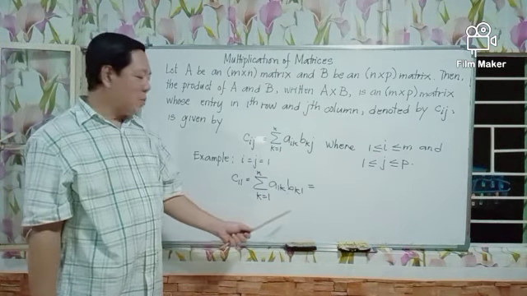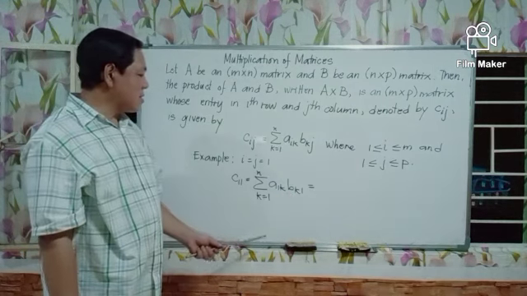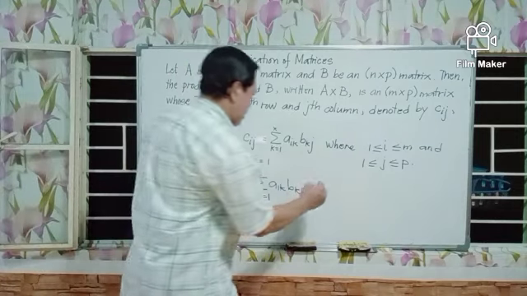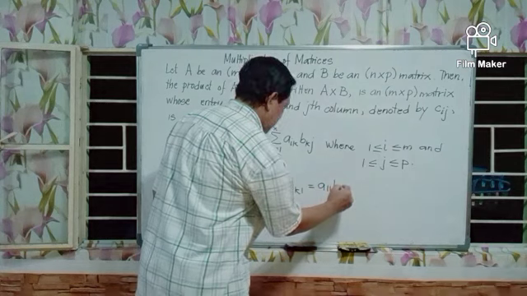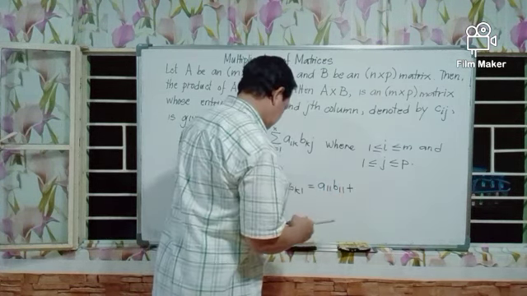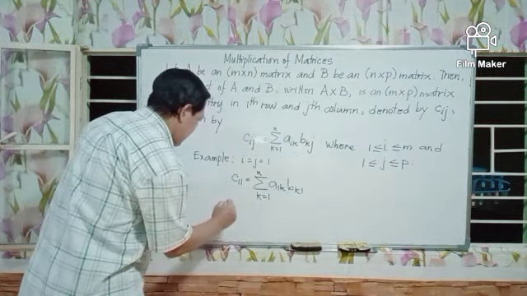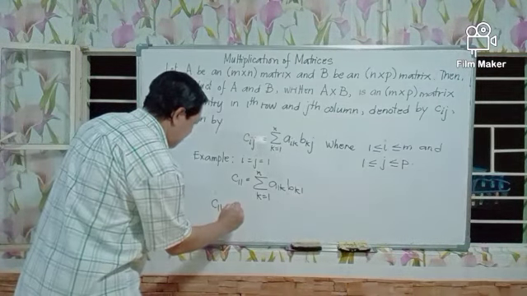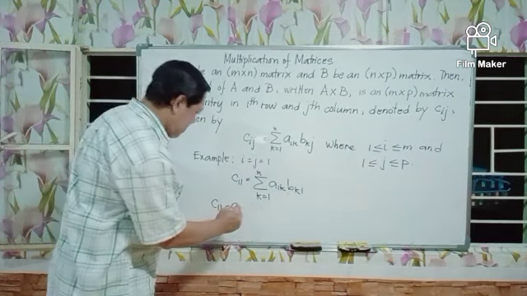So this is equal to A sub 1,1 multiplied by B 1,1, plus A 1,2 multiplied by B 2,1. If K is 1, we get A 1,1 B 1,1.